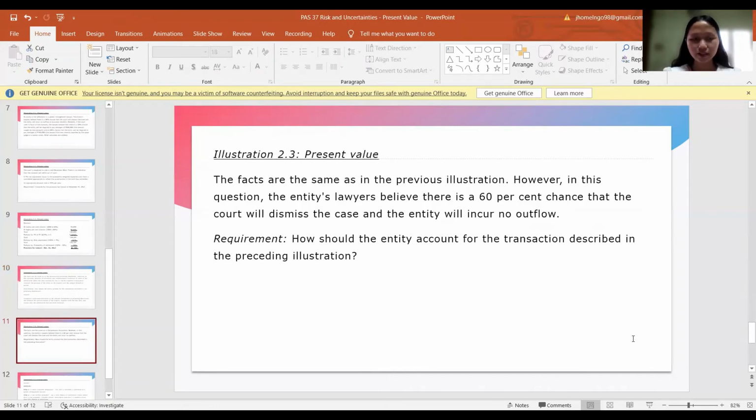Next, illustration 2.3, present value. The facts are the same as in the previous illustration. However, in this question, the entity's lawyer believed there is a 60% chance that the court will dismiss the case and the entity will incur no outflow. Requirement: how should the entity account for the transaction described in the preceding illustration?